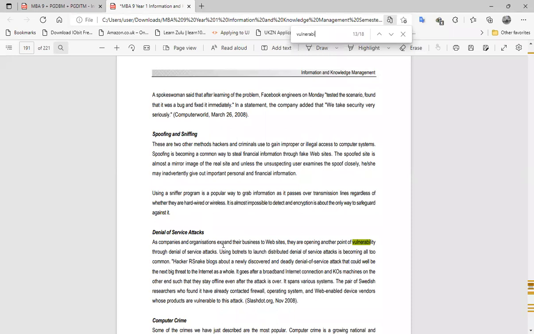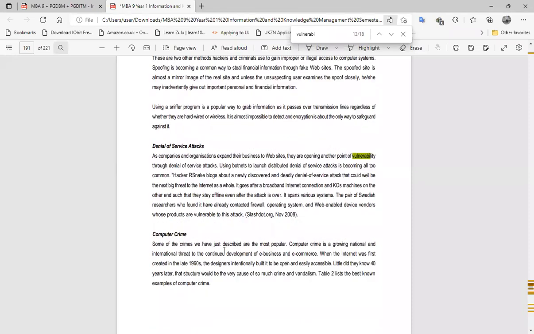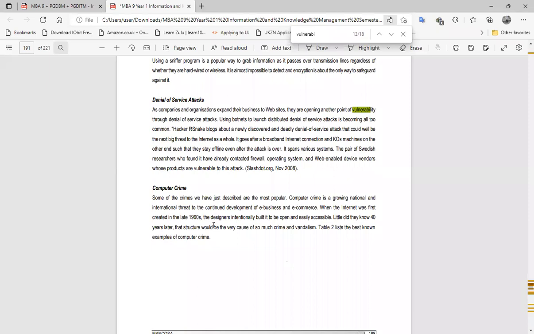Then they deny access to everyone, and then they say, for you guys to gain access to the website, or gain access to the internet, then we need you to pay up. So that is another form of attack.